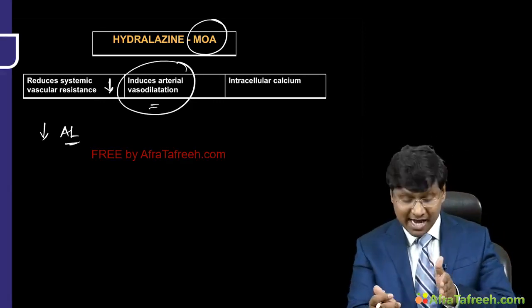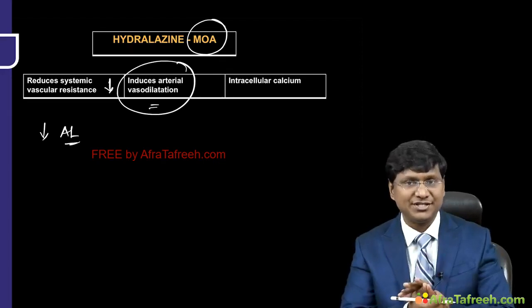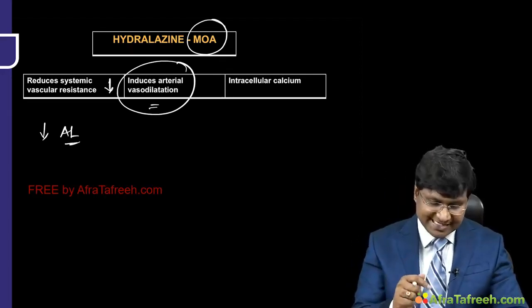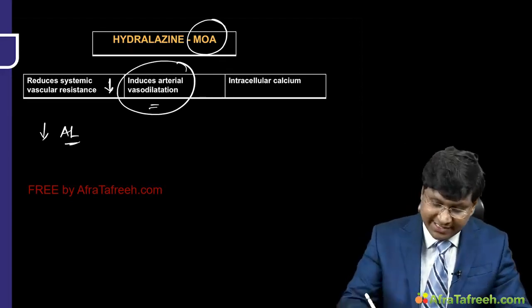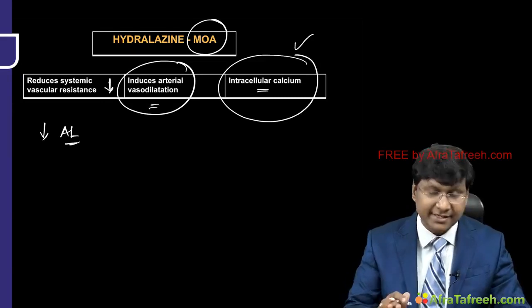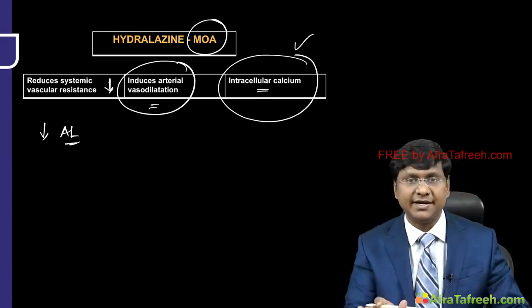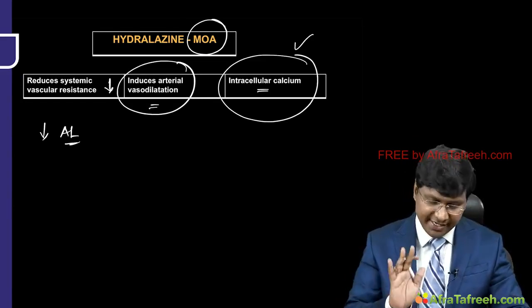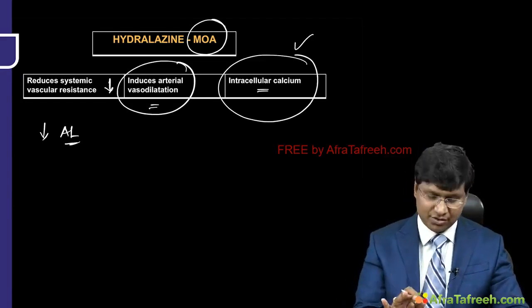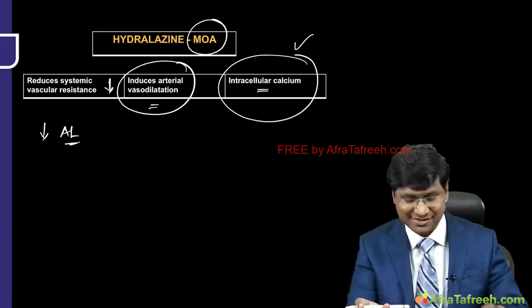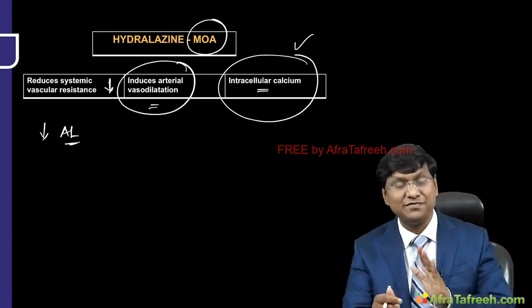How does it reduce the systemic vascular resistance? By altering the intracellular calcium kinetics, it reduces the vascular resistance and induces vasodilatation. So that is the mechanism of action of hydralazine.